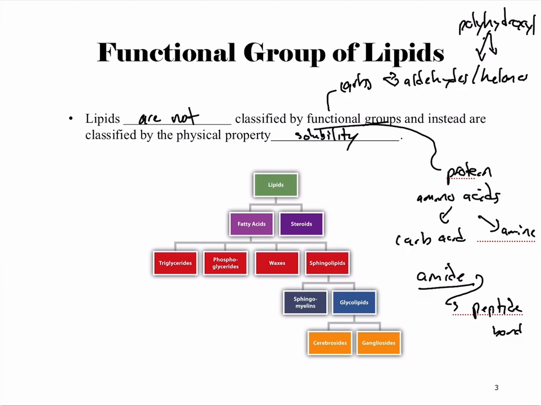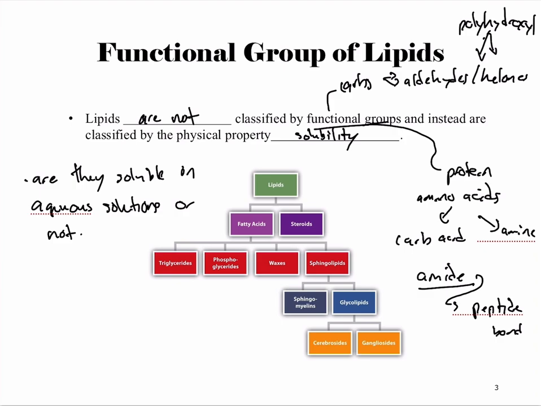And so with solubility, are these going to be soluble in aqueous solutions or not? This is not just a simple yes or no question. It'll be determined based off of the individual lipid.